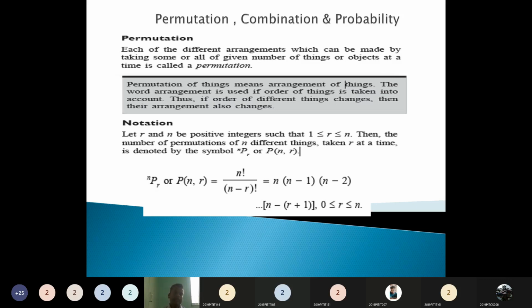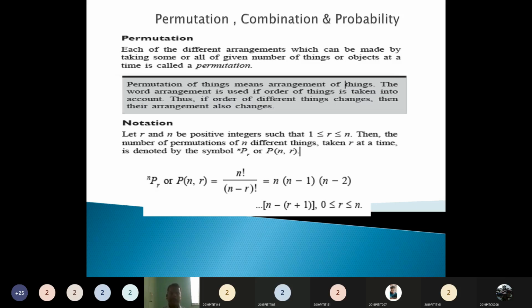In that, we use the formula nPr. Let r and n be positive integers such that 1 is less than or equal to r, which is less than or equal to n. Then the number of permutations of n different things or objects taken r at a time is denoted by nPr, otherwise P(n,r).